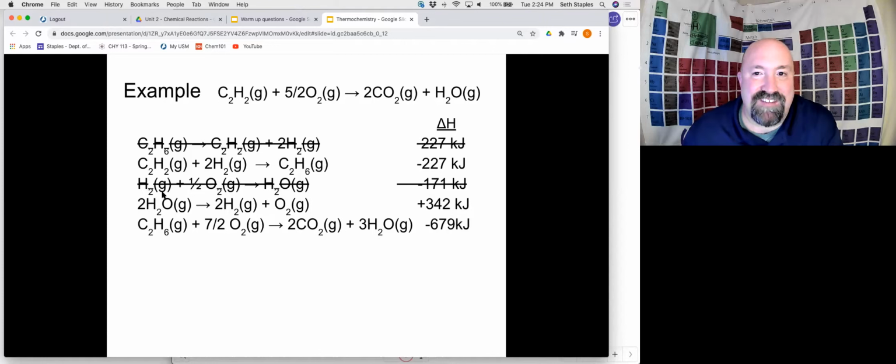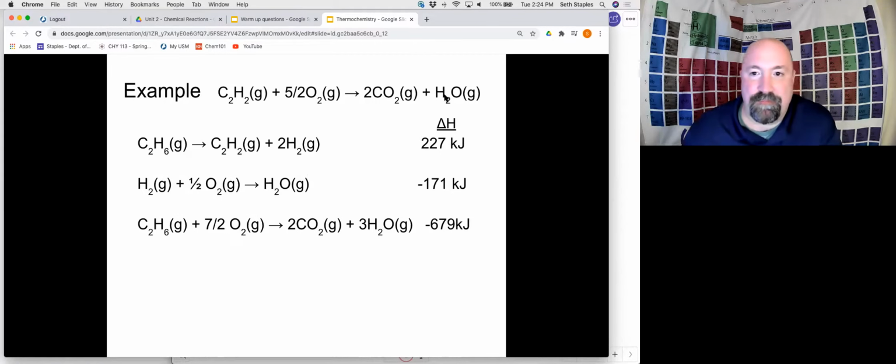I also went ahead and did the second equation. And so we can see that I need, actually, let me back up. So the other thing that I need is I need H2O as a reactant. How do I want to explain this?